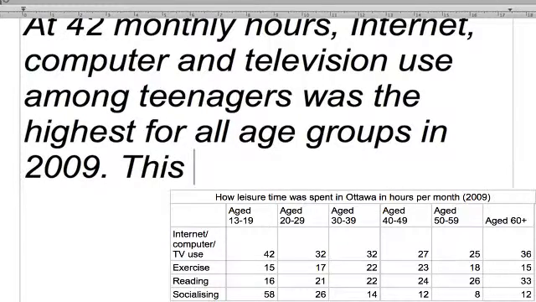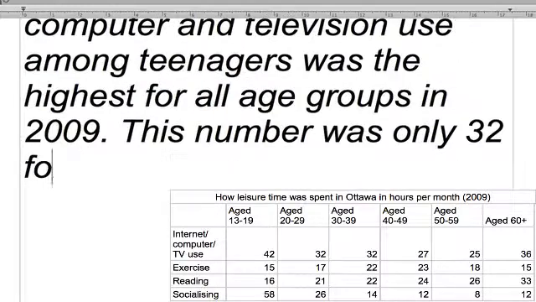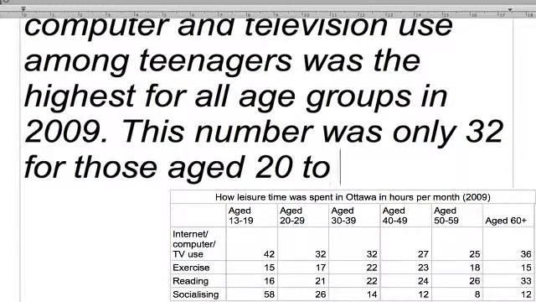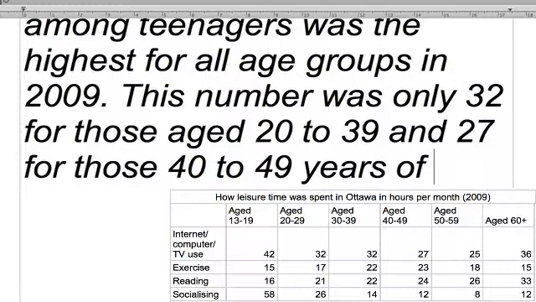Okay, this number was only 32 for those aged 20 to 39, and 27 for those 40 to 49 years of age.